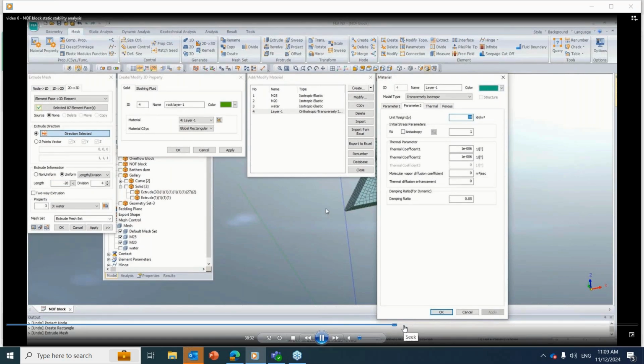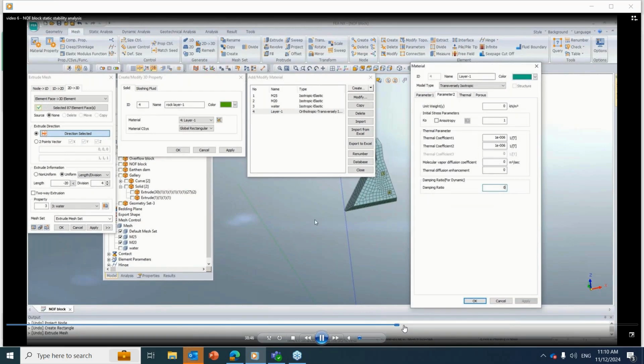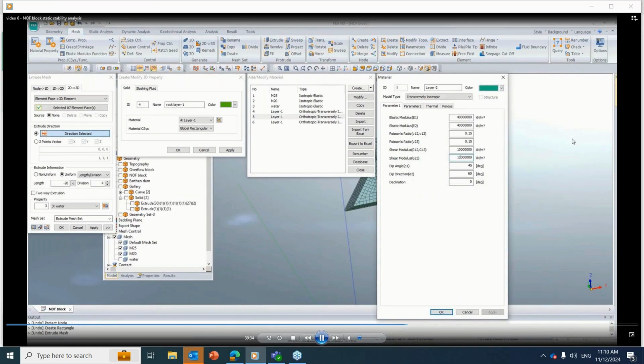For dynamic analysis, I had modeled the foundation. The extent of foundation should be enough so that the prominent deformation bulbs are within our modeled foundation. So I had considered the foundation along the depth equivalent to the height of the dam, and on each side also equivalent to the height of the dam.